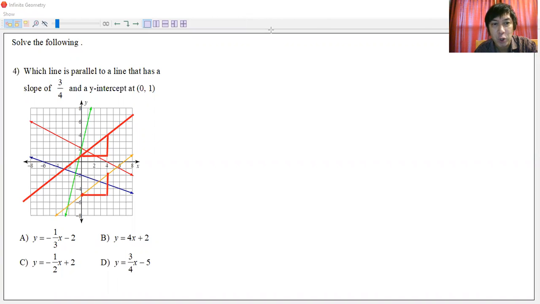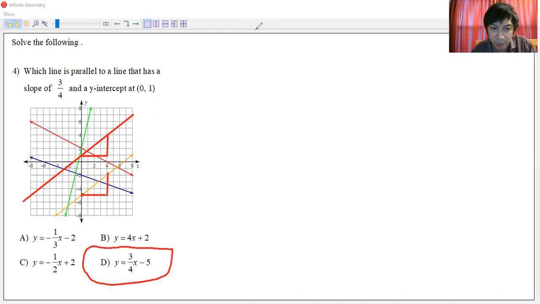Okay, so surely the yellow line is the answer, and you can very well see from the choices. Okay, there's only one line there with 3/4. Okay, it's the letter D. So that should be the answer, and that goes to the yellow.